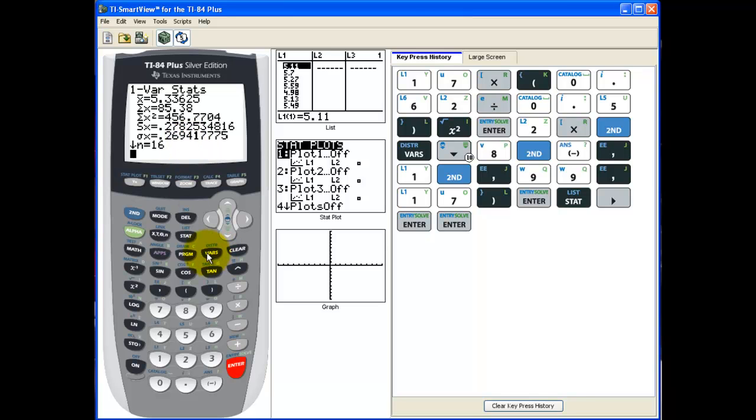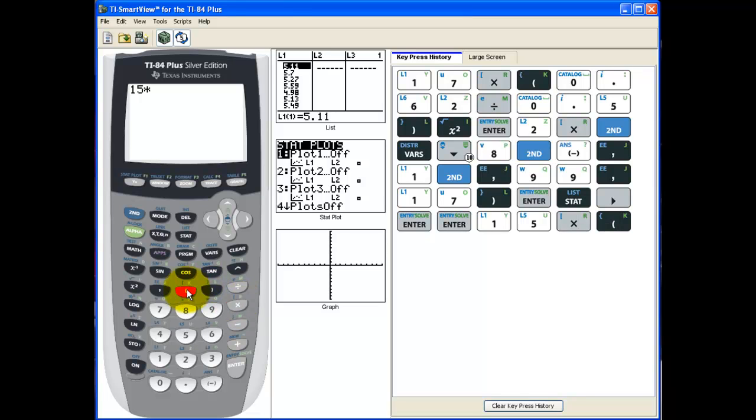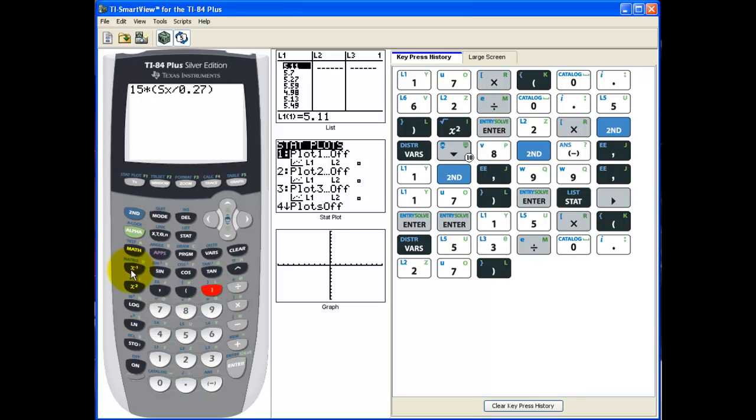Now in this case, how many data observations do we have? It looks like we have 16. So that means we'd have 15 degrees of freedom, and our test statistic would be as follows. It's going to be 15 times the quotient of S sub x. So I'll get that as follows. Go to the vars menu. I'll go to number 5. And right there, number 3 is S sub x. So I'll just take that, and I'll divide that by 0.27, and I'll square the quotient.